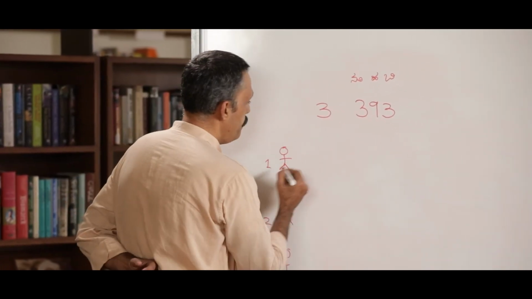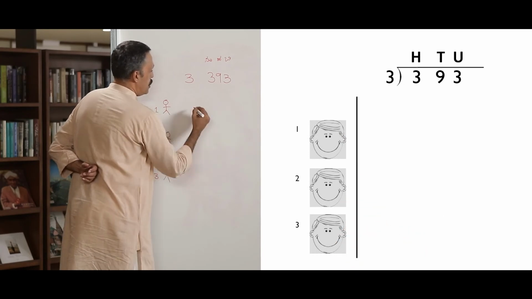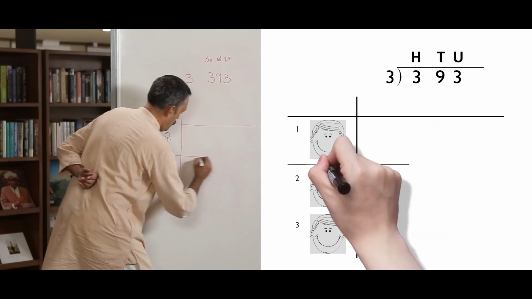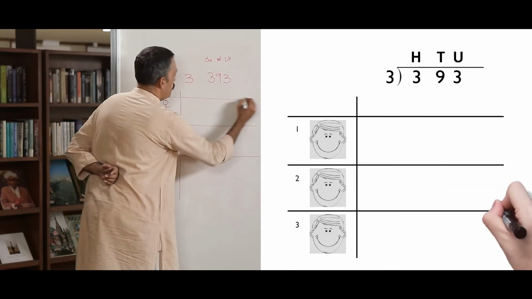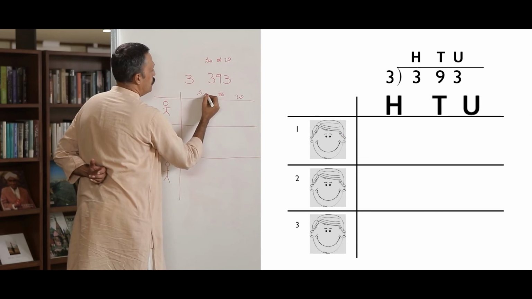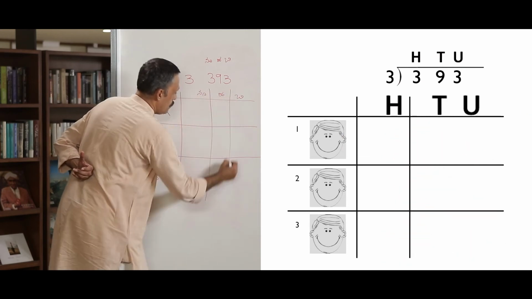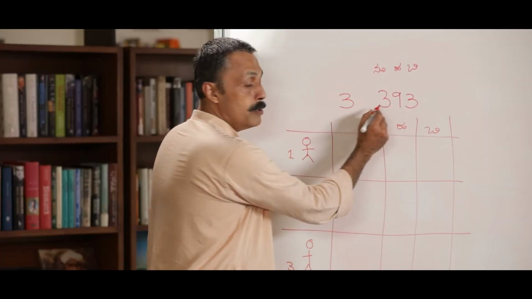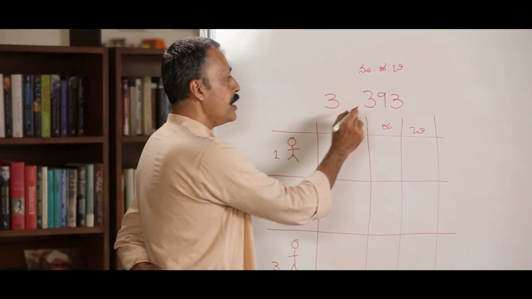Let us see in this example, if everyone has to get in all places, we can look at it this way: units, tens, hundreds. I have three notes of 100.